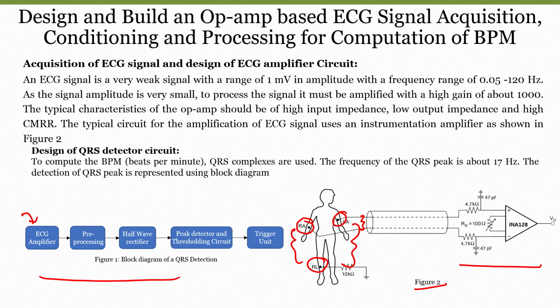The other advantage is that instrumentation amplifiers can provide higher gains. Since the amplitude of the ECG signals is very small, we require a proper amplification stage too, and the required gain can be set using our instrumentation amplifier. So, in the ECG amplifier stage we will be using an instrumentation amplifier because of these advantages.